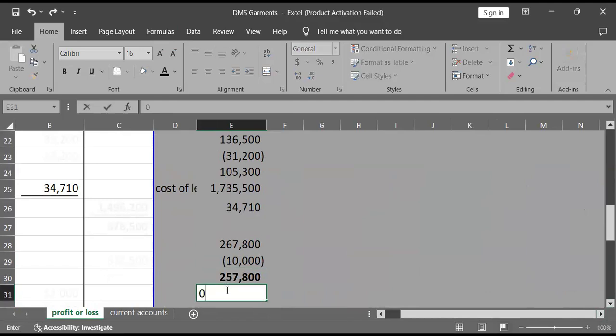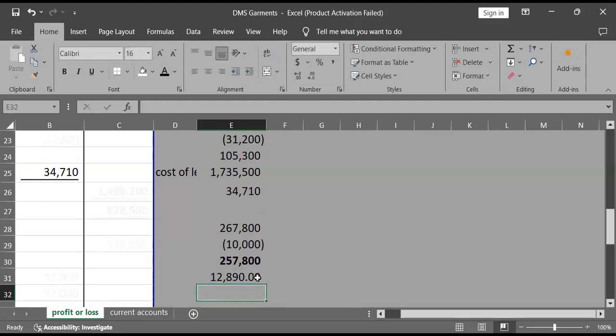So we're going to get 5%, which is equivalent to 0.05 times our net receivables, which gives us 12,890. This is going to be our new provision. But now, remember, we already have a provision in our TB.